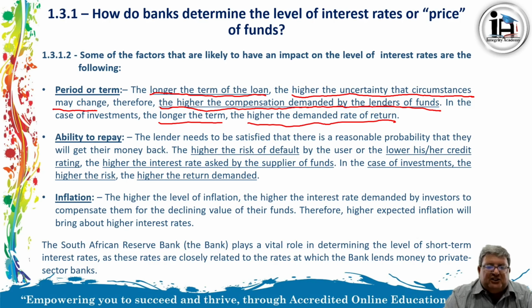The ability to repay. The lender needs to be satisfied that there is a reasonable probability that they will get their money back. The higher the risk of default by the user or the lower his or her credit rating, the higher the interest rate asked by the supplier of the funds. In the case of an investment, the higher the risk, the higher the return demanded.